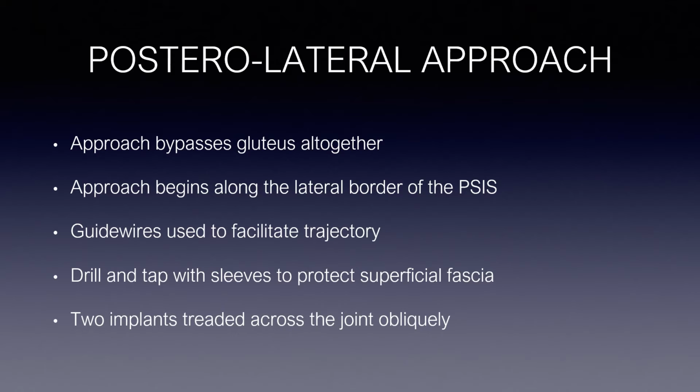And currently that we do the O-arm and navigation, that is very easy and straightforward, that we can see the joint and we can put the implant through the joint. But if we use a C-arm, we use a guide wire, drill and tap, and normally we use 2 cannulated screws, each 12 millimeter in diameter, hollow, pack it with a bone graft substitute, and then implant the device.